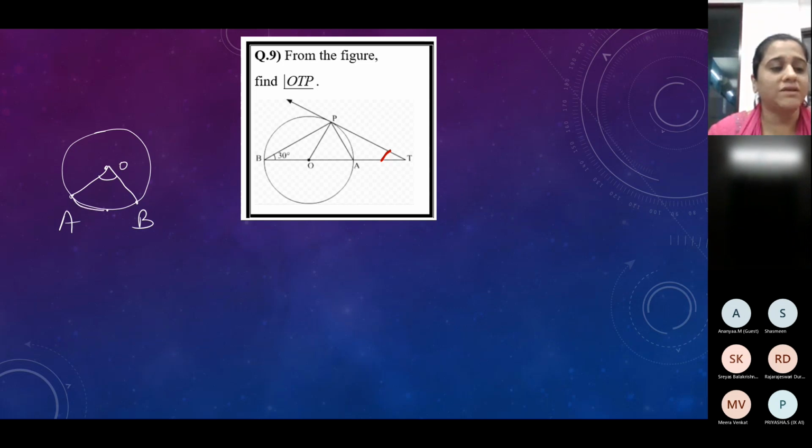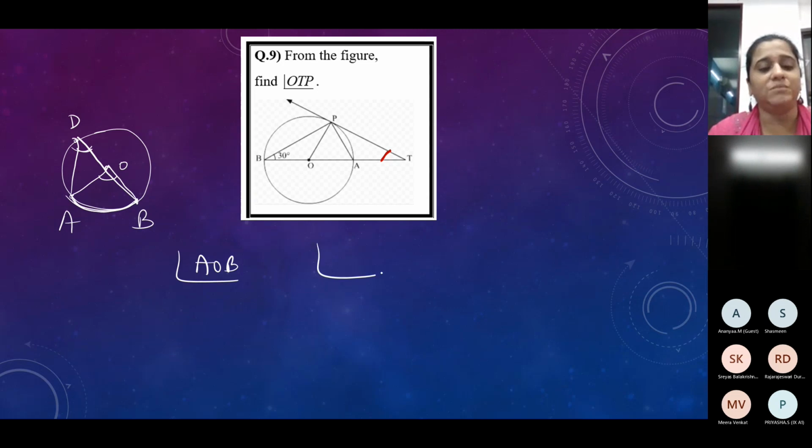The same arc AB subtends an angle ADB at the point D on the circumference of the circle. AOB, ADB. It's rhyming, right?